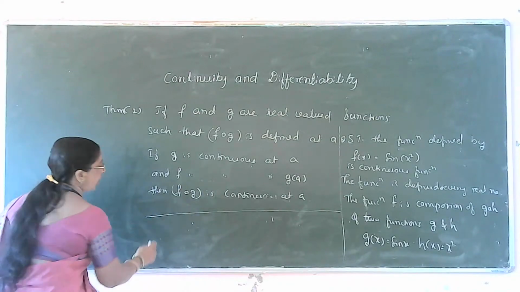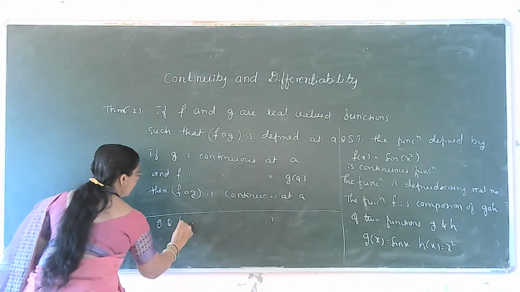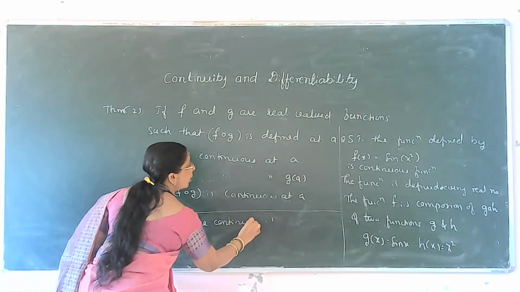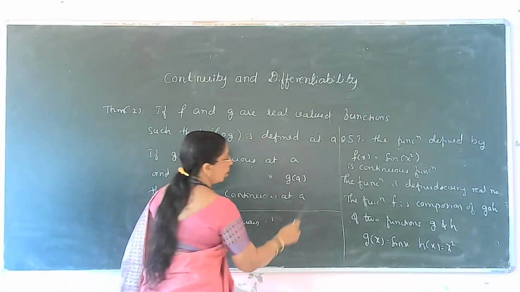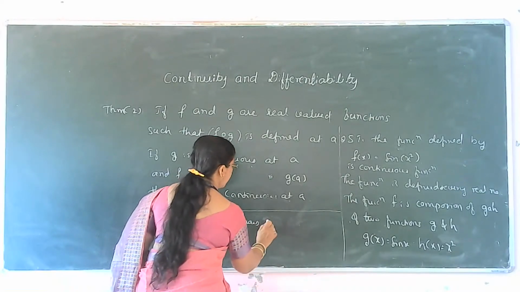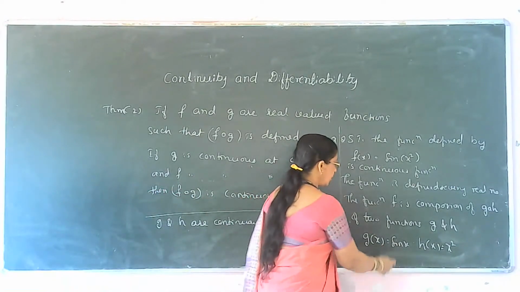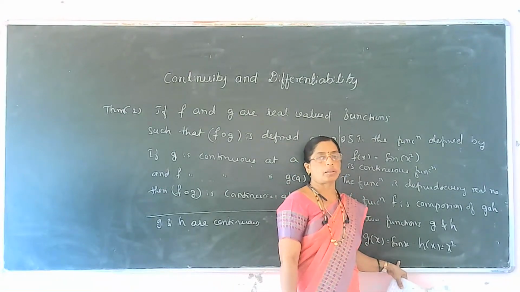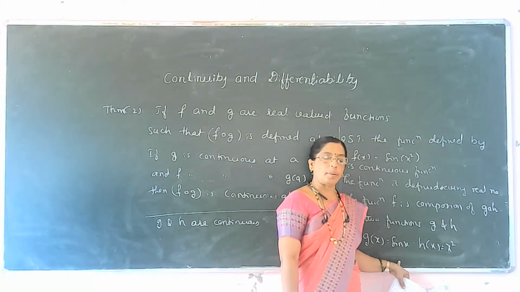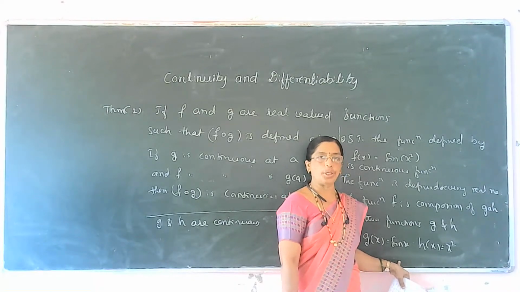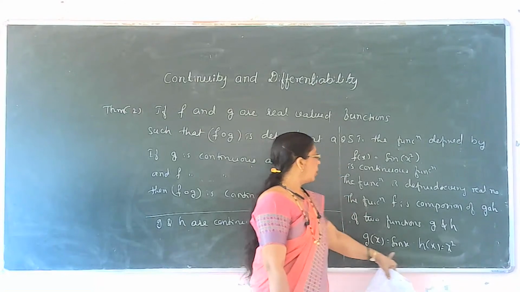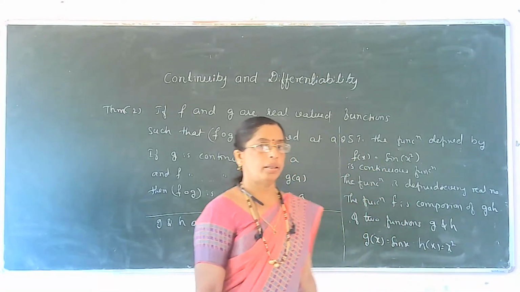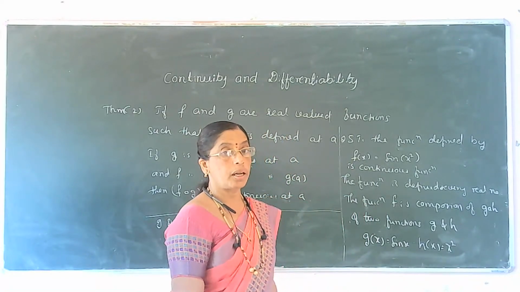g and h are continuous functions, because g of x is sin x, a trigonometric function, and therefore it is continuous. h of x equal to x square is a polynomial function, which is also continuous.